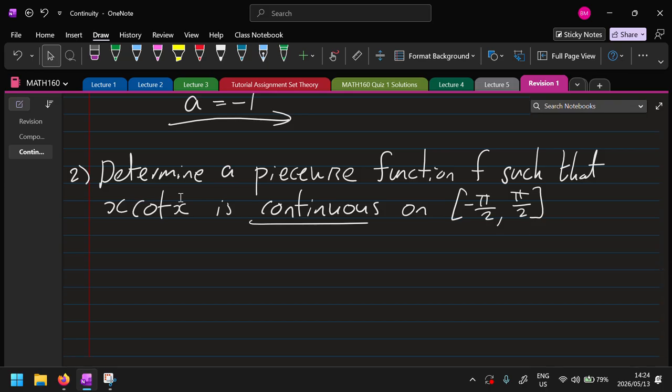So at -pi/2, is there an issue? Right, you need to check the endpoints and somewhere in between. Check on your calculators.